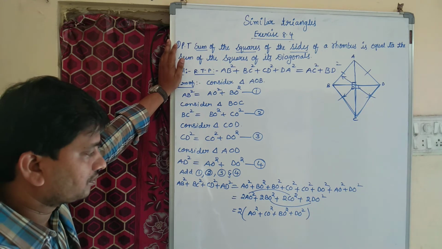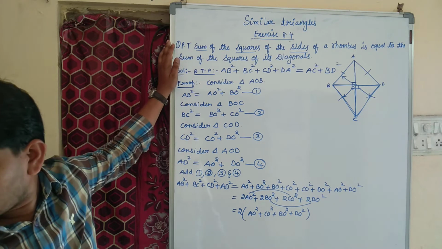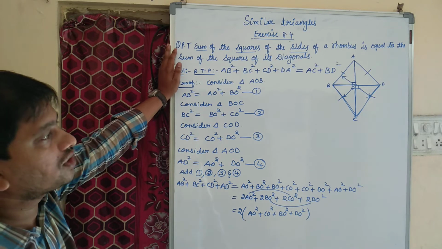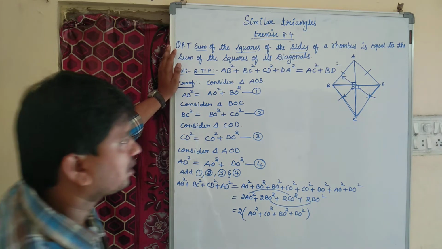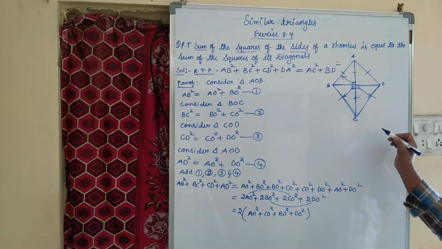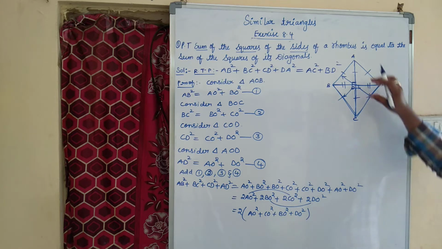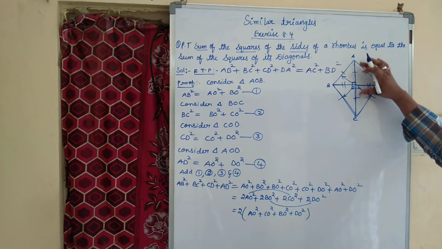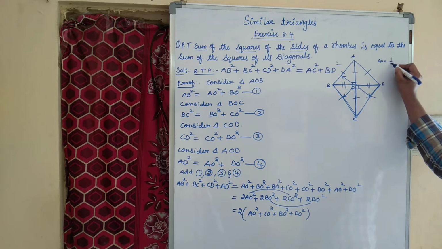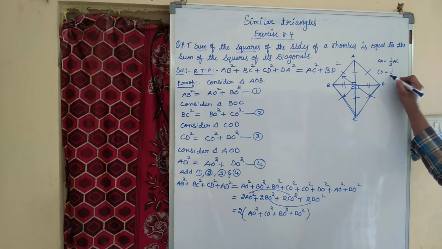We know that in a rhombus, the diagonals bisect each other. So if you observe the diagram, AO and OC are equal, and BO and OD are equal because they bisect each other. I mean AO is half of AC. Similarly, CO is also half of AC.